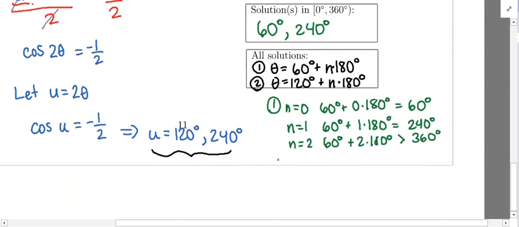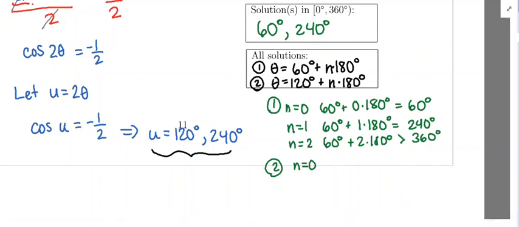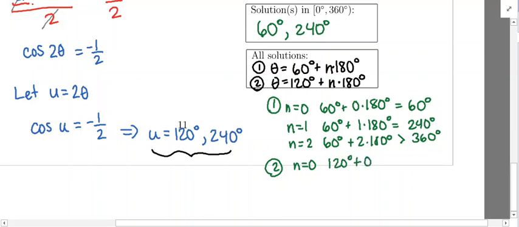We can do the same thing with the other equation. If n equals 0, we get 120 degrees plus 0 times 180 degrees, which is 120 degrees, between 0 and 360, so that is a solution.